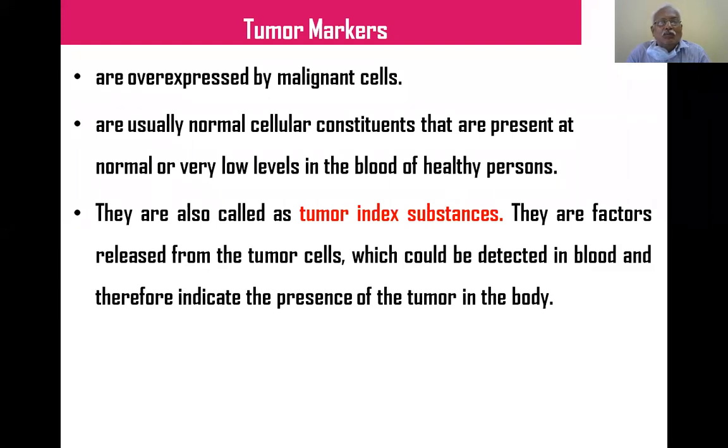Sometimes tumor markers will be given as a short note as tumor index substances. You need not get unnecessarily panicked by this. Tumor marker and tumor index substance are the same thing. They are the factors released from the tumor cells. They could be detected in the blood and therefore indicate the presence of tumor in the body.